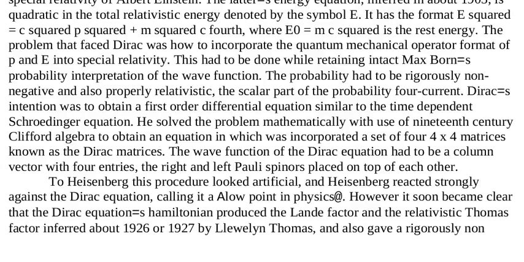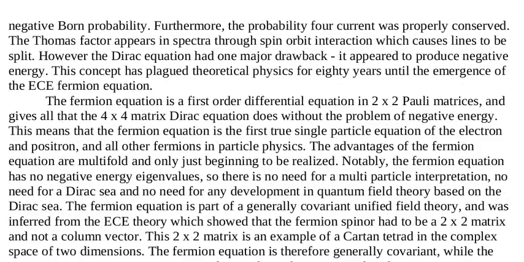However, it soon became clear that the Dirac equation's Hamiltonian produced the Landé factor and the relativistic Thomas factor inferred about 1926 or 1927 by Llewellyn Thomas, and also gave a rigorously non-negative Born probability. Furthermore, the probability four-current was properly conserved. The Thomas factor appears in spectra through spin-orbit interaction, which causes lines to be split.